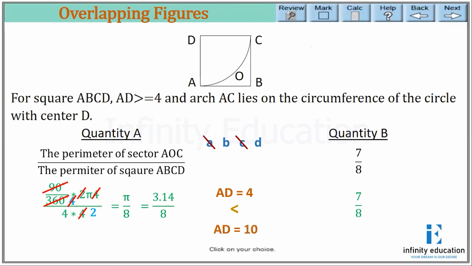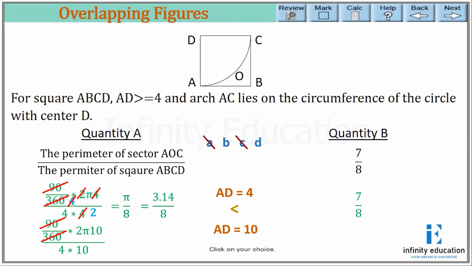Now if I consider AD equals 10, the perimeter of the sector AOC is again 90 by 360 times 2 pi times 10, because in the first case the radius was 4, and in the second case I have taken the radius as 10. Also the perimeter of the square ABCD is 4 times the side, that is 4 times 10.